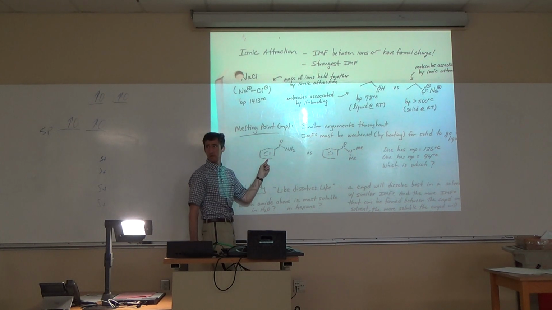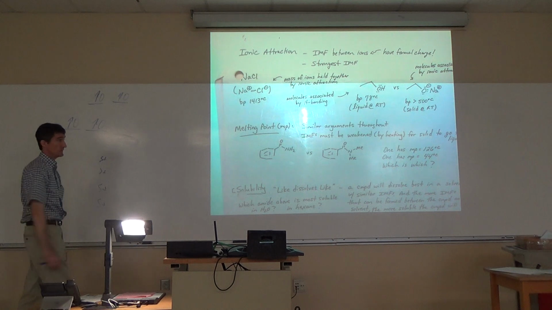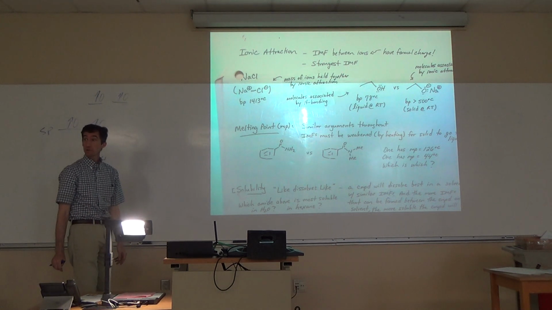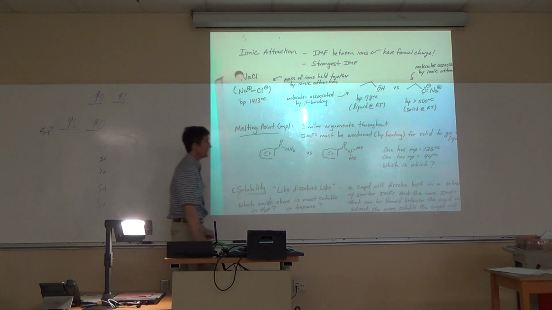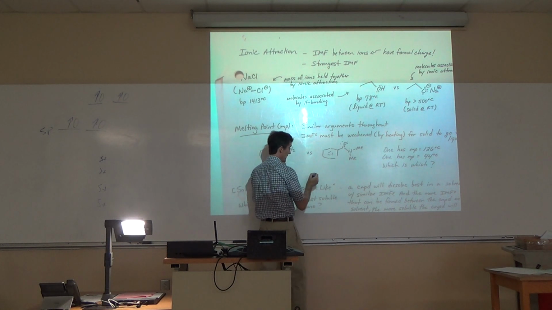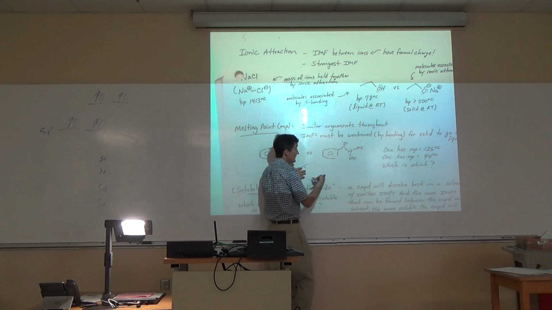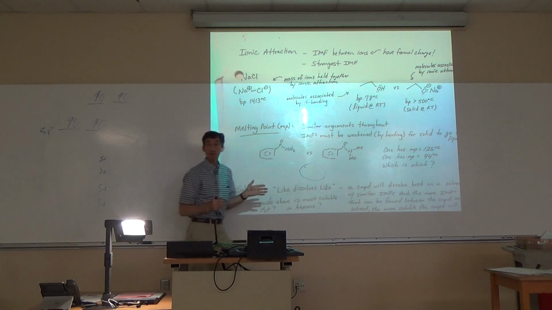Why the one on the left? This one can hydrogen bond to itself, to another molecule. Can the one on the right hydrogen bond to another molecule? No. I see acceptors, but for the other molecule down here, where's the donor? It has none, so this cannot do an IMF to another molecule.